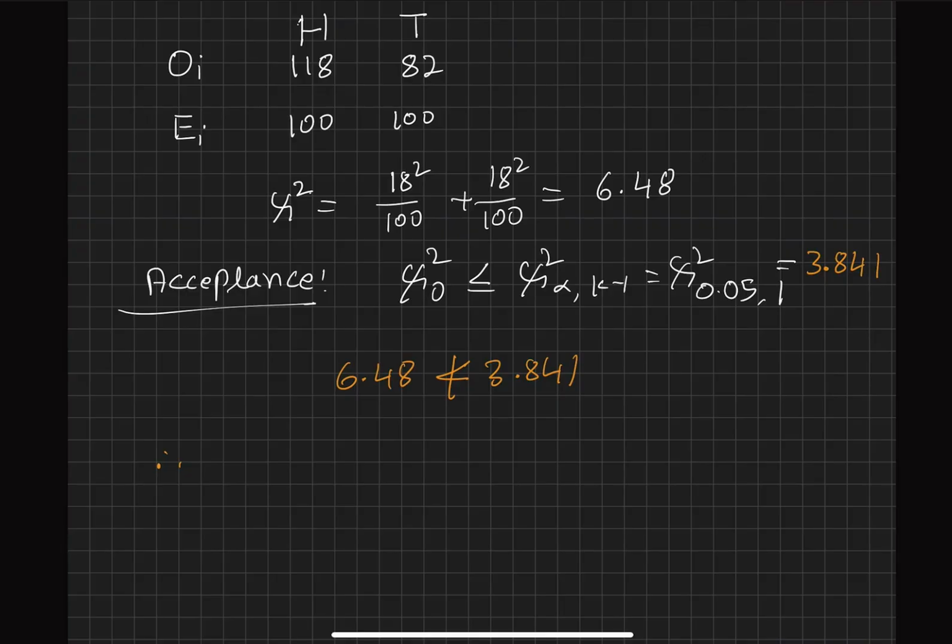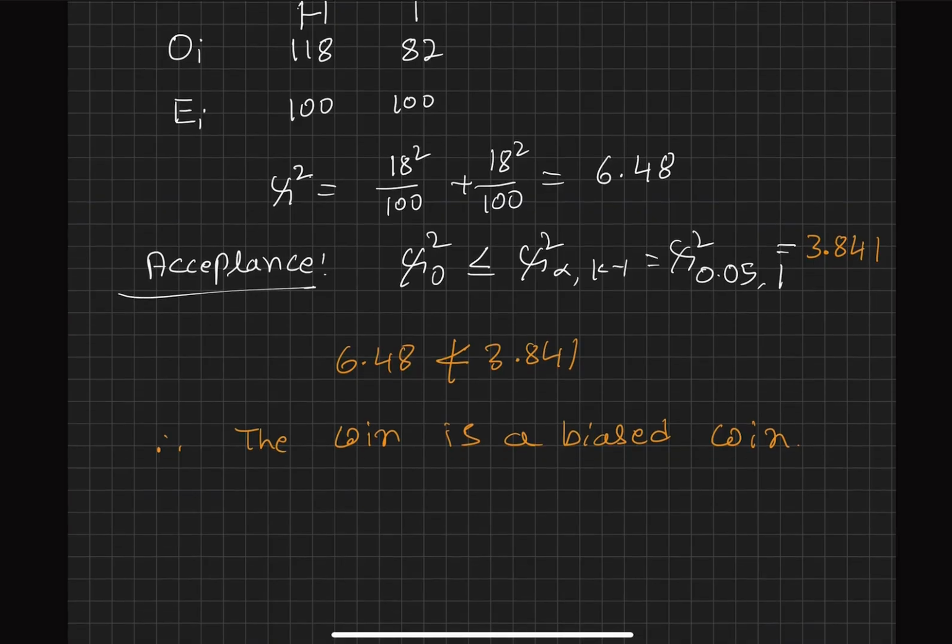That means we have to reject the hypothesis that the coin is unbiased. That is, the coin is a biased coin. So this is the conclusion we can make from this testing.